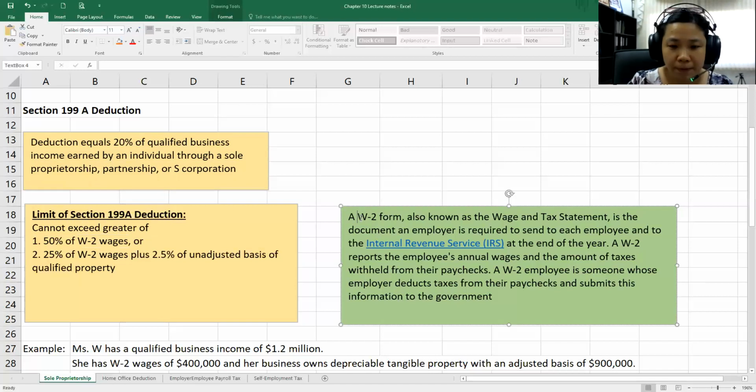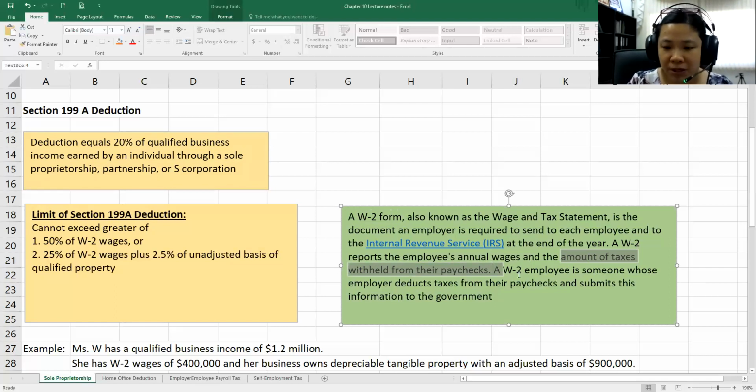Normally the employer has to fill out the W2 form. The W2 form is a document that an employer is required to send to each employee and to the IRS at the end of the year. The W2 will report the employee's annual wages and the amount of taxes withheld from their paycheck.